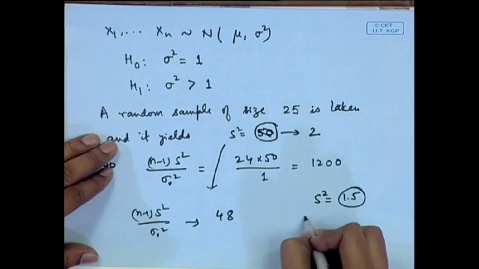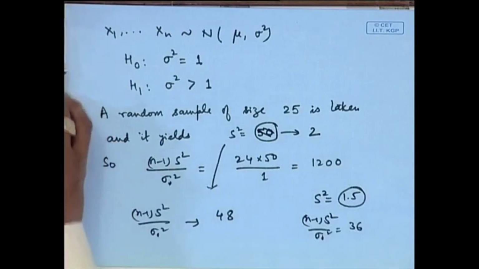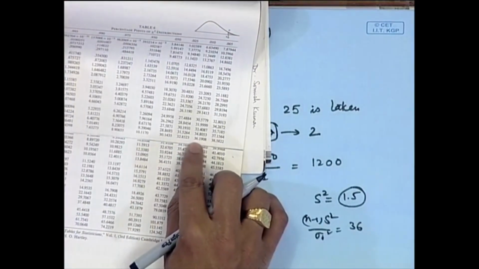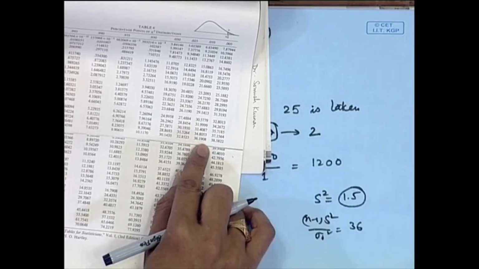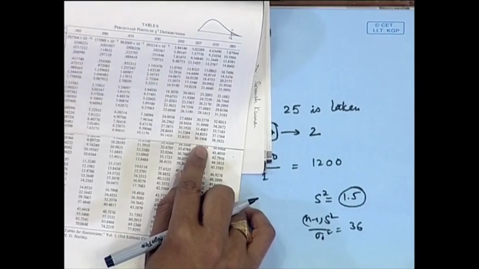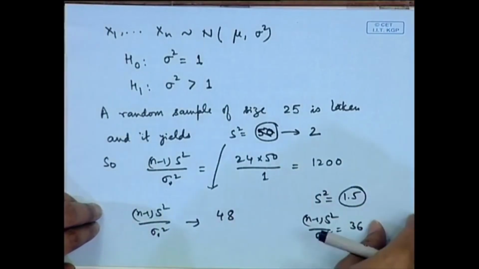Then n minus 1 S square by sigma naught square would become equal to 36, and here you can see even at 1% level of significance the value is 36.19, and therefore, we will not be able to reject H naught here.